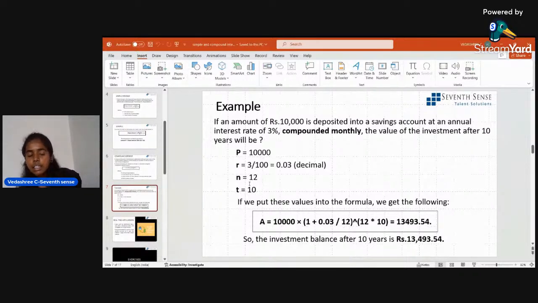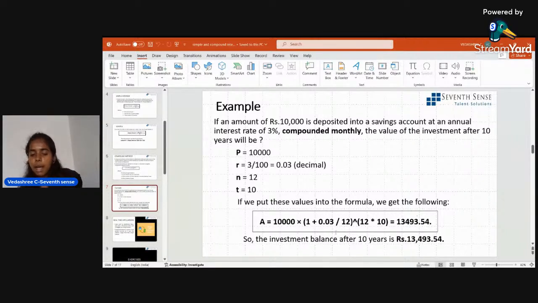N is how many times the interest is compounded per year. Since it is compounded monthly, we consider it as 12. So divided by 12, to the power of N into T. N is 12 here, T is 10 years, so N into T is 12 into 10. If we calculate this, we'll get the answer.